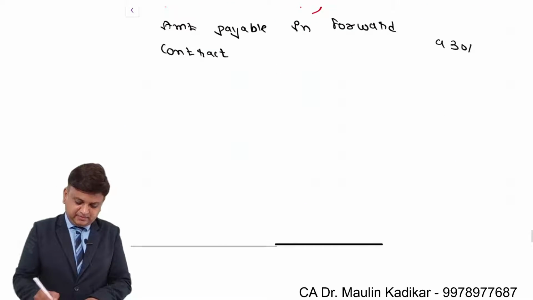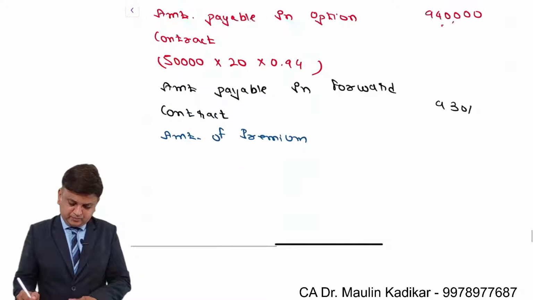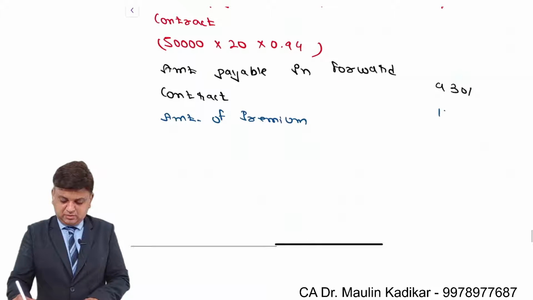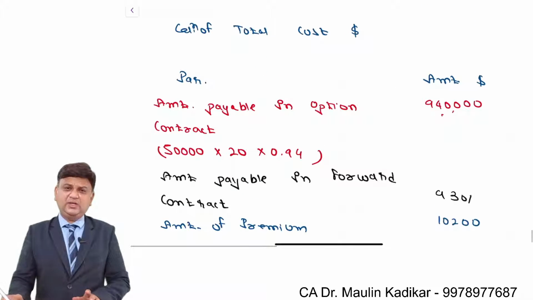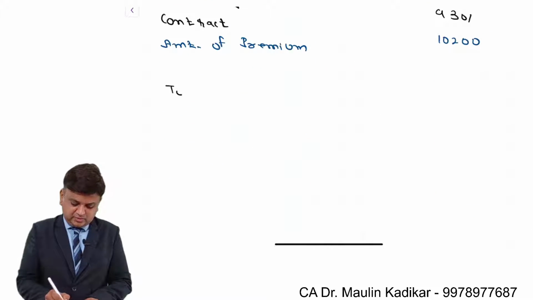Then amount of premium. That is supposed to be paid, 10,200. No interest rate is provided to us expressly, so we are ignoring the interest on premium. With that, we will compute the total amount.